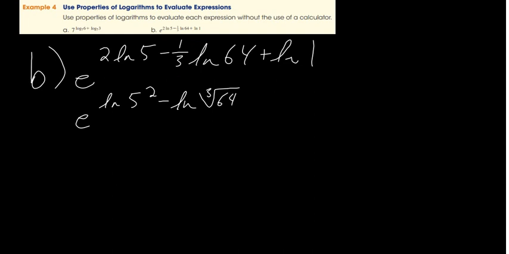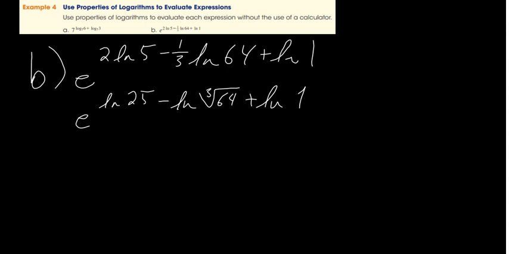Okay, and then plus the natural log of 1. All right, so from here, let's go ahead and change this 5 squared to 25, just so I don't have to write an extra step there.